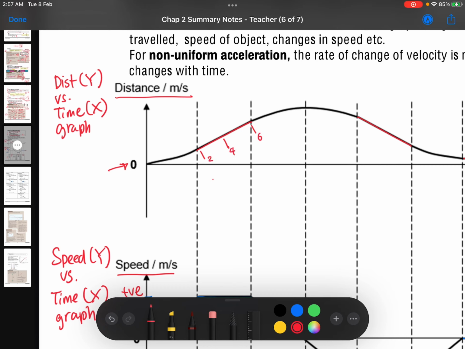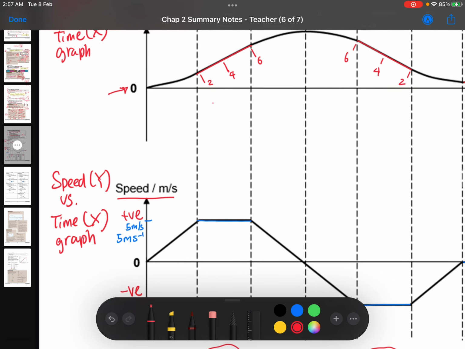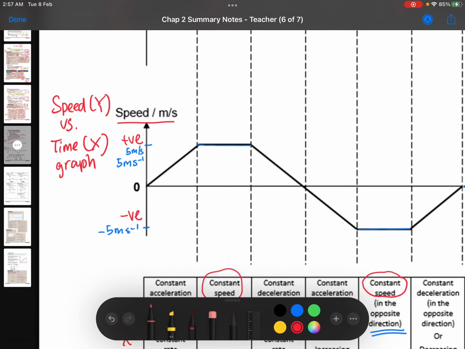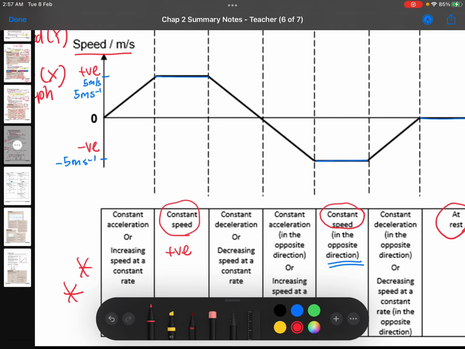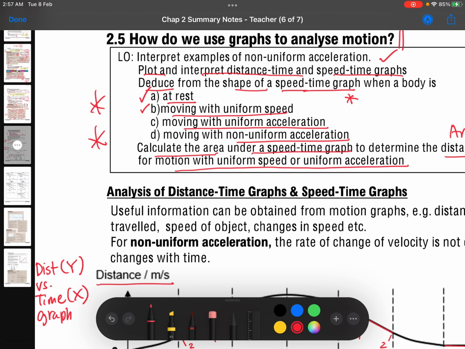So at regular intervals, the distance you cover is constant. Similarly, let's say this is 6, then at this interval you are 4, at this interval you are 2. That's why the distance you cover is constant at regular intervals, which means that your speed is constant. I hope you get the idea. So that is what we cover for uniform speed.